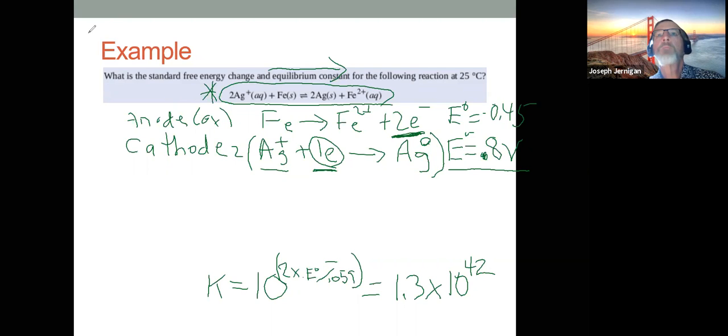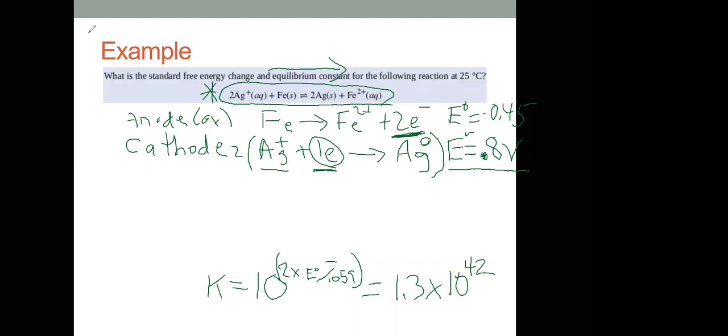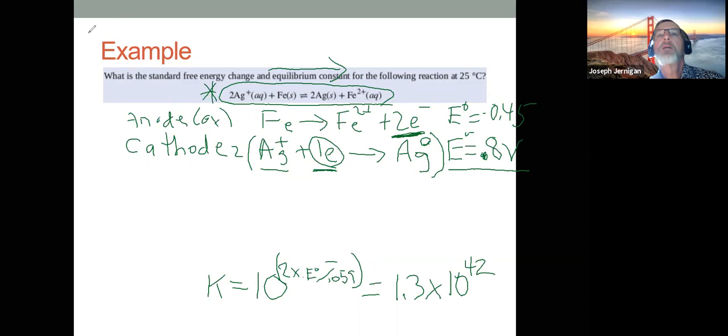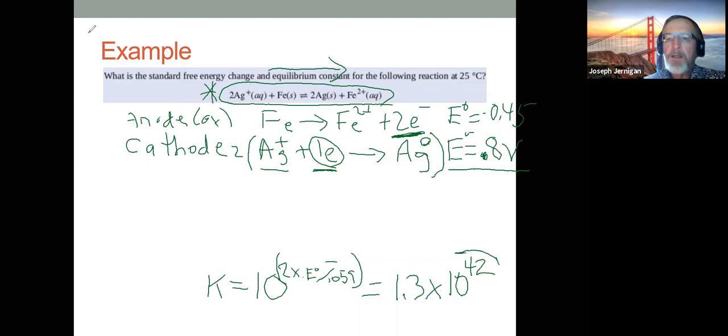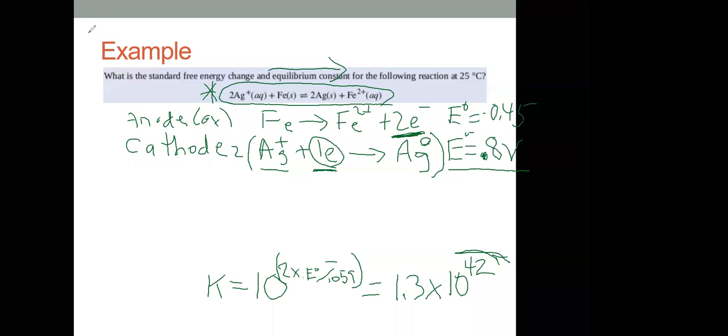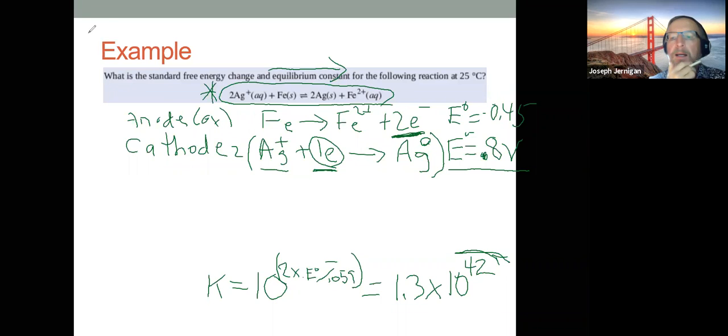Okay, well, maybe I messed up. I came up with something different. Did you get a large positive number? Yeah, it was still 10 to the 42, but it was like 2.3 times 10 to the 42. I think I've rounded, and I may have over rounded, to be honest. I suspect that's where the difference comes in.